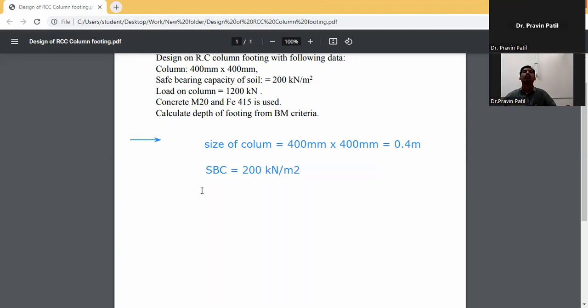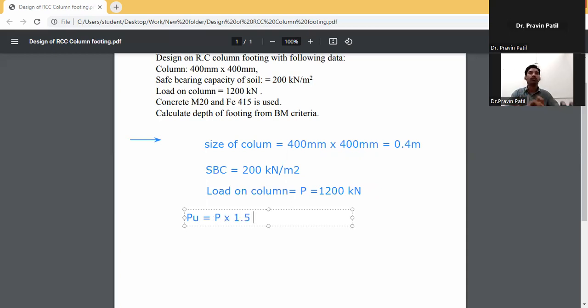Then load on column is given, P is equal to 1200 kilonewton. And factored load of column PU is equal to P into 1.5.